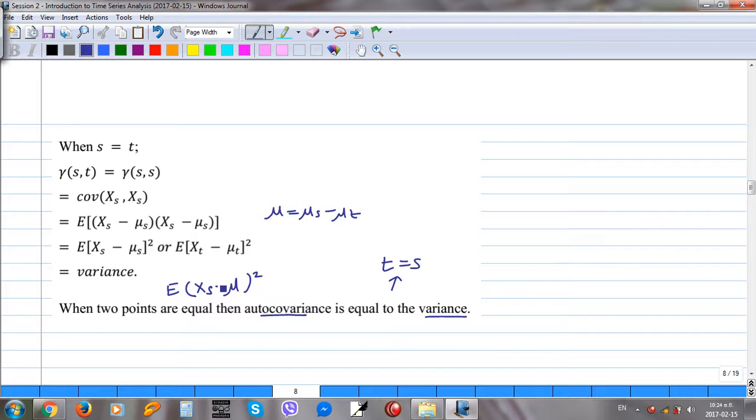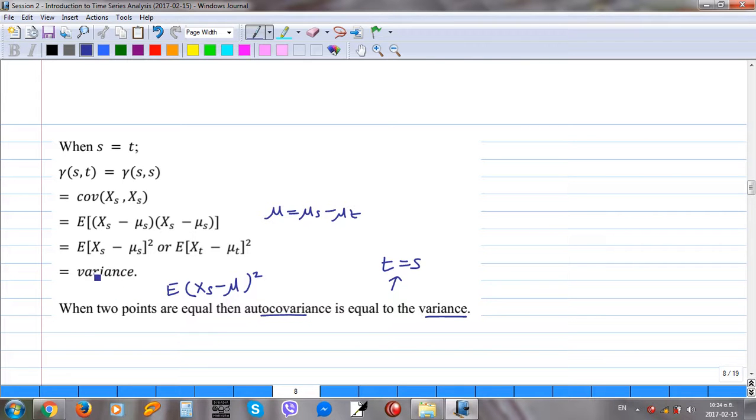So just try to understand what is happening in the equations. When you are solving problems, you will understand how to use these variances and autocovariances. At the beginning, try to understand what happened in the equations. That is enough. When we do the examples, you will understand exactly how to deal with these equations.